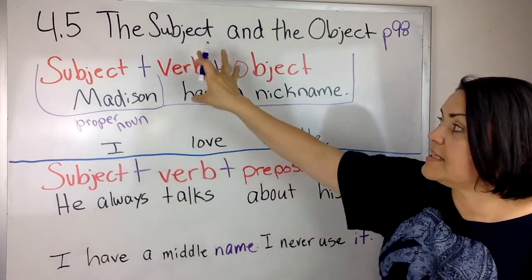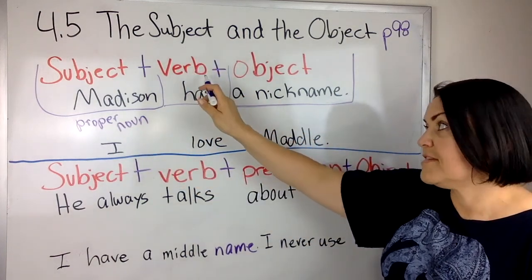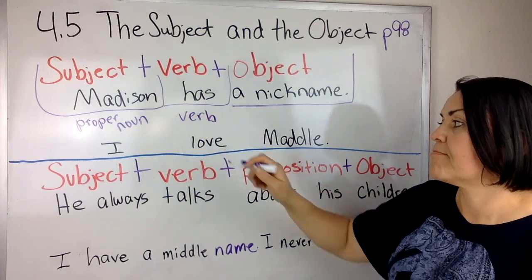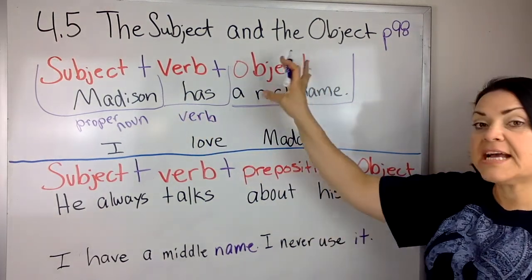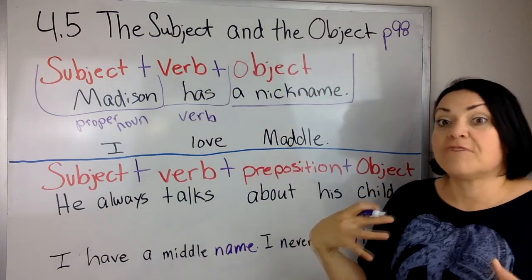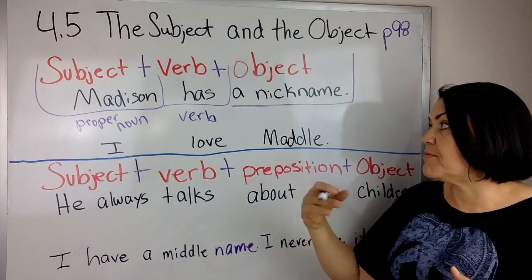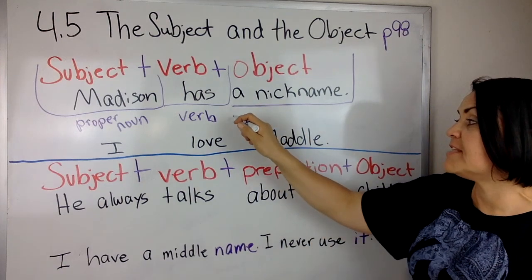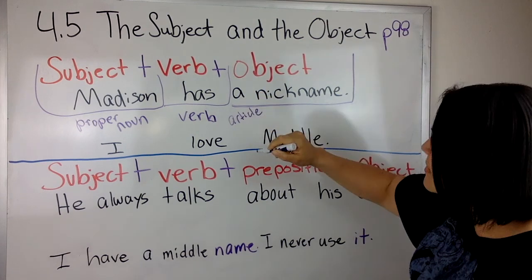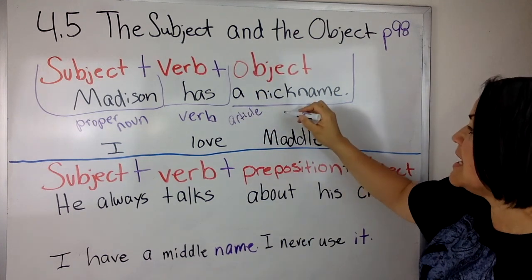And then inside this piece, it's called a verb. And inside the object, they're receiving the verb. They're receiving the action from the verb. We know A is an article. And nickname is a noun.